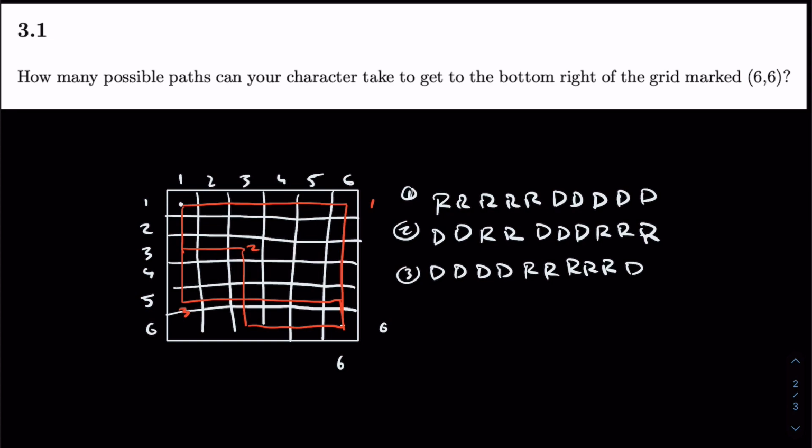So right off the top, I noticed that in all 3 cases, there are 10 total characters. And by character, I mean either right or down. And furthermore, I noticed that there are 5 R's and 5 D's. And the only difference between these 3 cases is the order in which they appear.